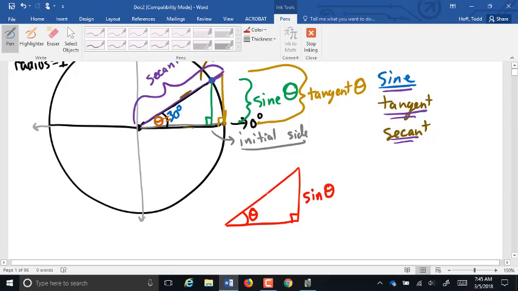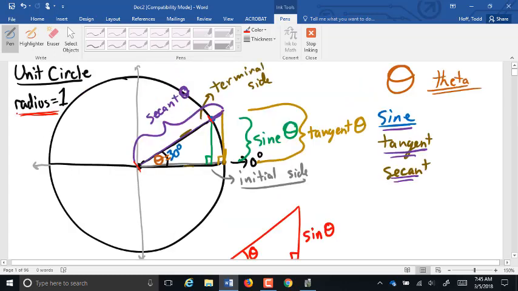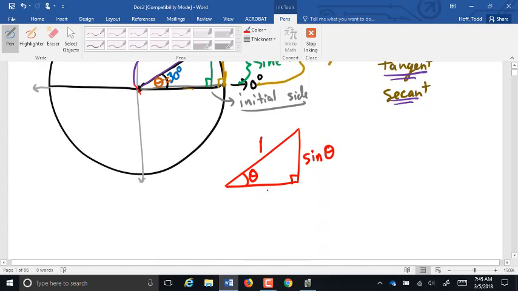What do we know about the hypotenuse up here? From here to here. What's the radius of a circle? 1. Yep, so that hypotenuse is 1. We're going to come back to this bottom leg down here in just a little bit.